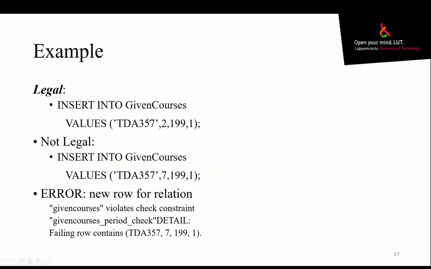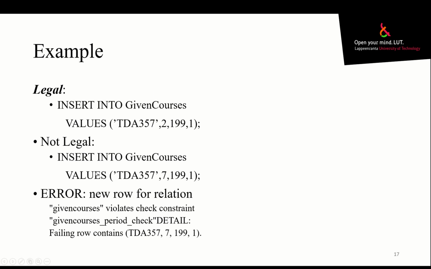Also, if you're looking at a better way of doing it, you remember we said earlier that we use the check constraint to specify a particular requirement. As you can see, when you insert into given course this way, it goes through, because that is the requirement we've set using the check constraint.